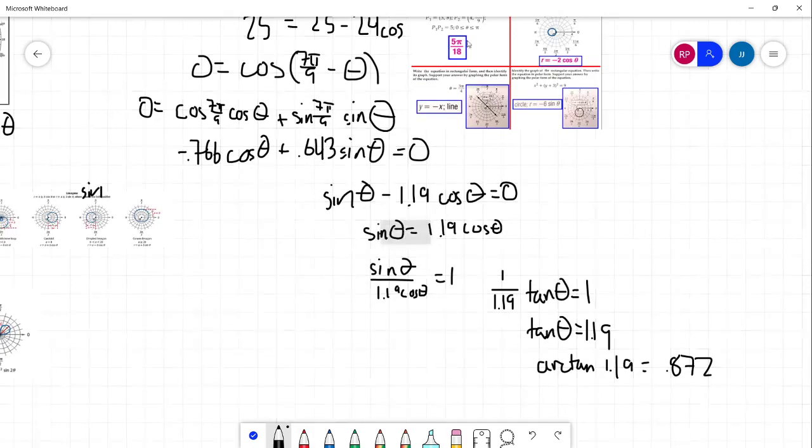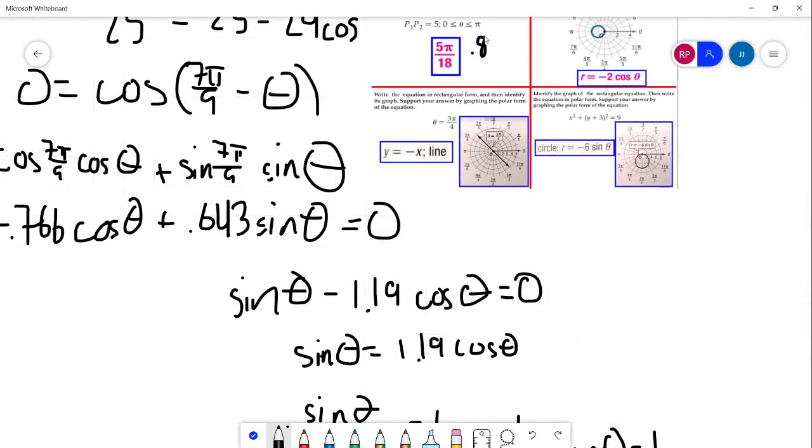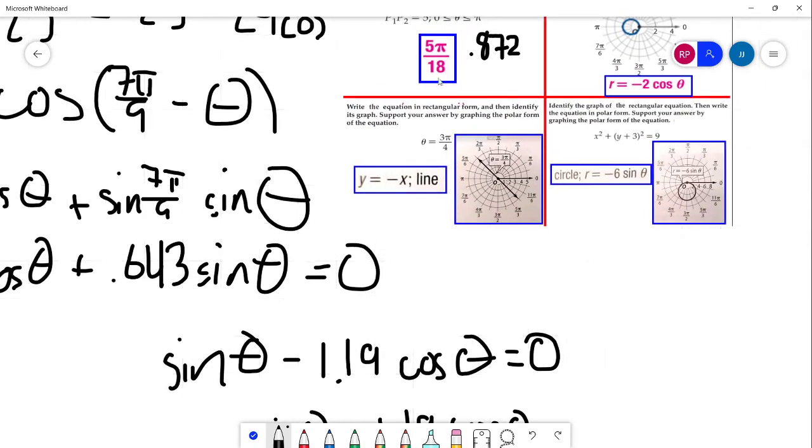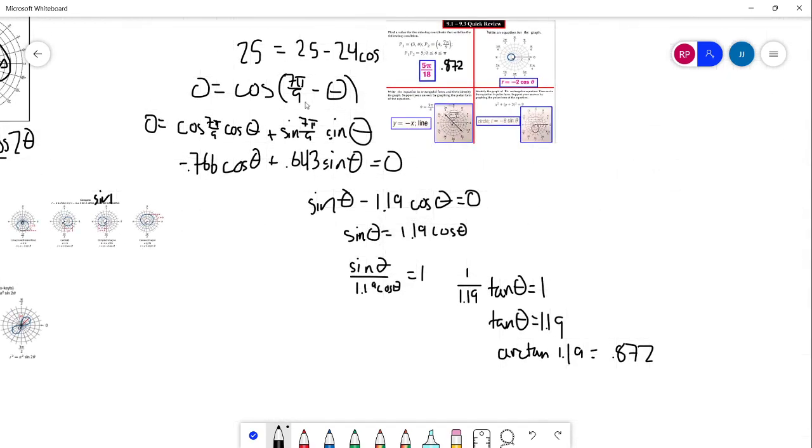Now he said we could express our answer as a decimal for this. And my 0.872... 5 pi over 18 is 0.87. Yeah. There's definitely a much easier way. Well, you can find it, but I think this is a relatively difficult process.